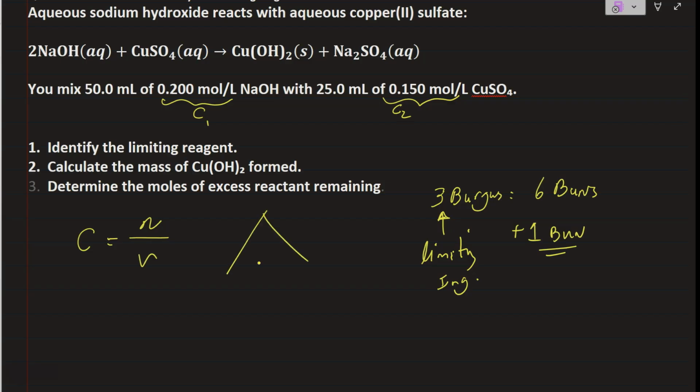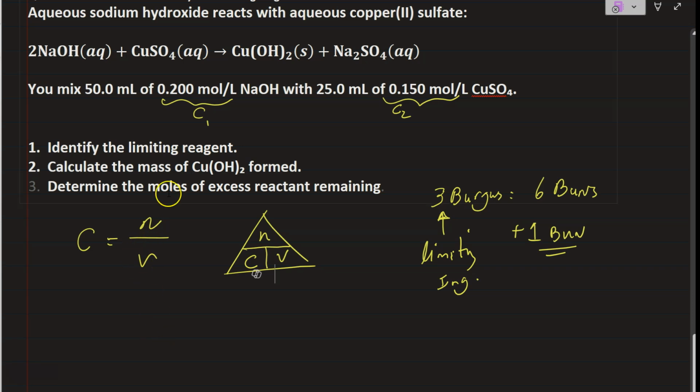Remember this triangle again, N on top, C and V. That's what you're going to use every time: you cover one. If you want to solve for C, that would be N over V. It's a division, as simple as that. You cover V, you get N over C. That means if you want to solve for V, volume, that's what you're going to use.